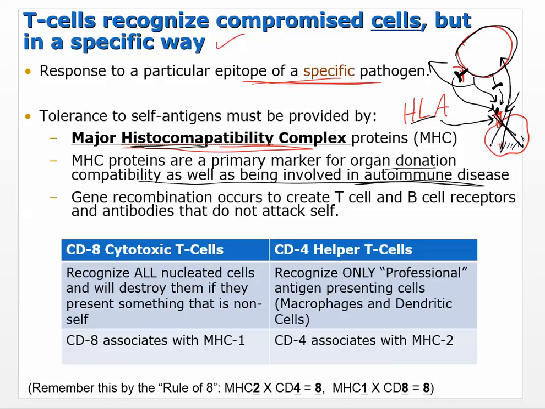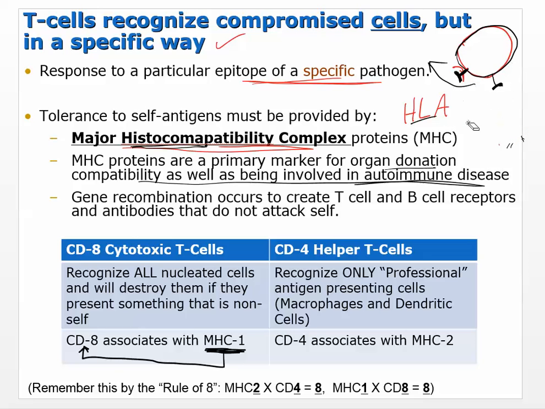So I just gave an example of a major histocompatibility complex protein and how it can associate with a T cell. Now, all nucleated cells have MHC1, so I mentioned that. MHC1 will only be recognized by CD8. CD8 cells are cytotoxic.